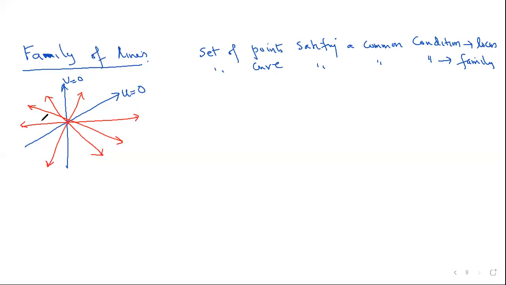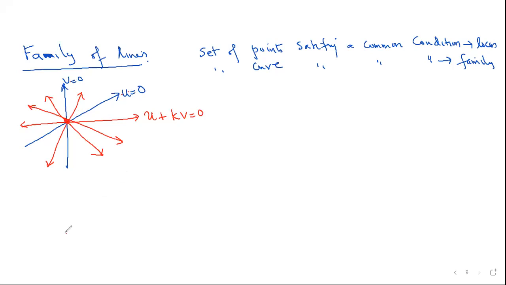The single equation to represent all of them, if you know two equations of the lines, is u plus kv equal to 0. If you multiply a number with the second equation and add, you will get a line passing through this point.